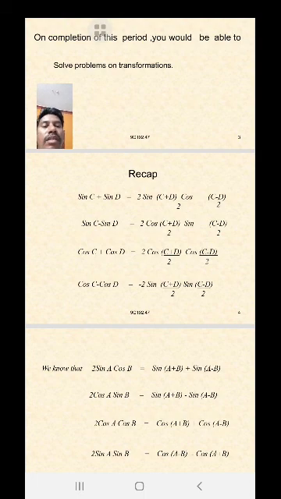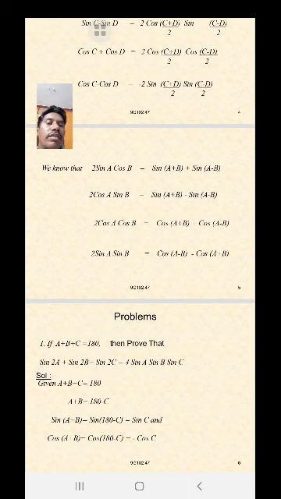We should not give a gap like this, and we should write like this. The third form: cos C plus cos D equals 2 cos (C plus D) by 2 cos (C minus D) by 2. cos C minus cos D equals minus 2 sin (C plus D) by 2 sin (C minus D) by 2.